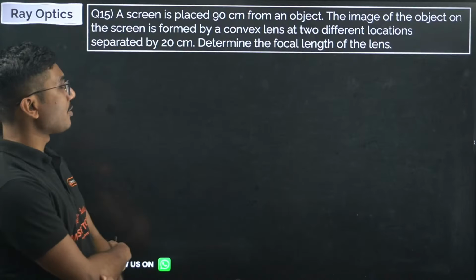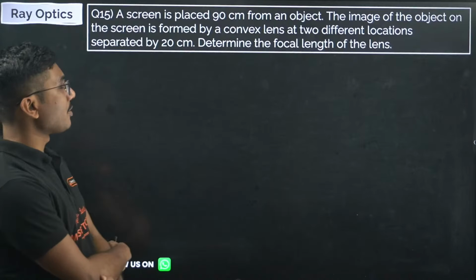So here this is the distance D. There is a shortcut formula for this kind of problem. If you see this kind of problem, you should consider yourself lucky. You don't need to do the derivation in the exam hall. You can directly use the formula D square minus small d square divided by 4 into D. This is the focal length of a convex lens when you are getting the image for two different positions of the lens.